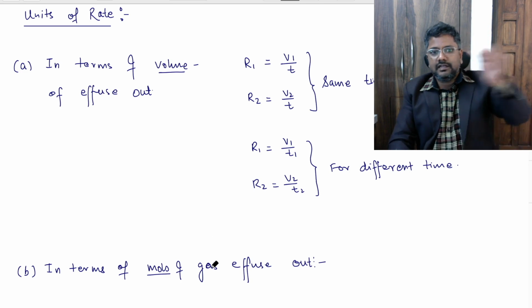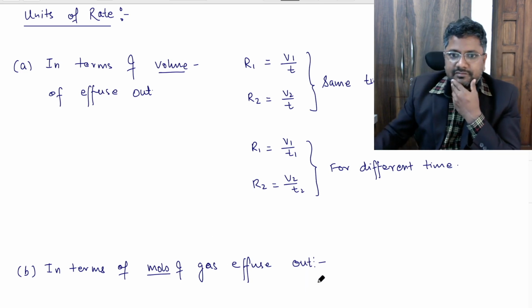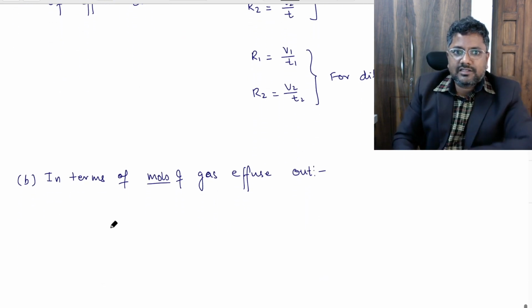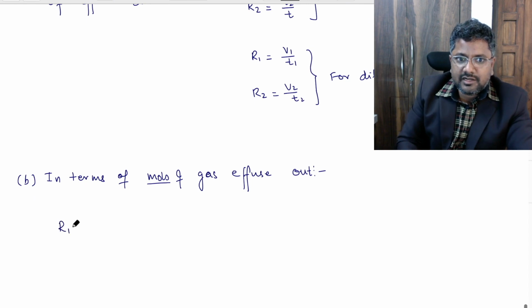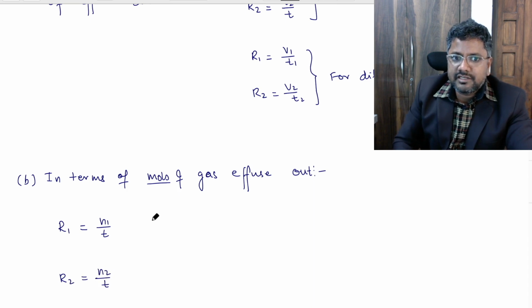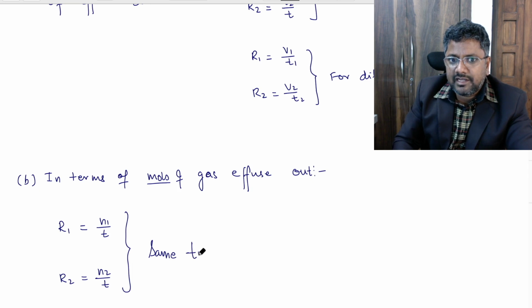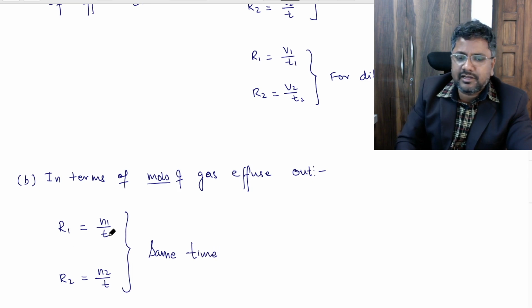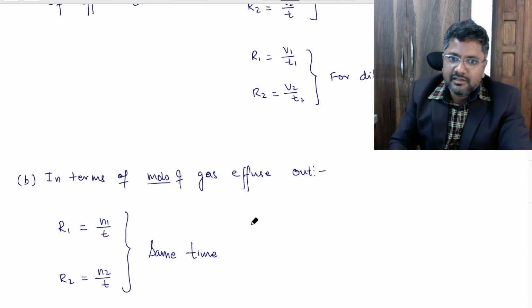So moles of gas effused out for same time if you want, you can write R1 is equal to N1 by T and R2 is equal to N2 by T. This is for same time. I am taking same time formula here, and if time is different then you can put here different time.